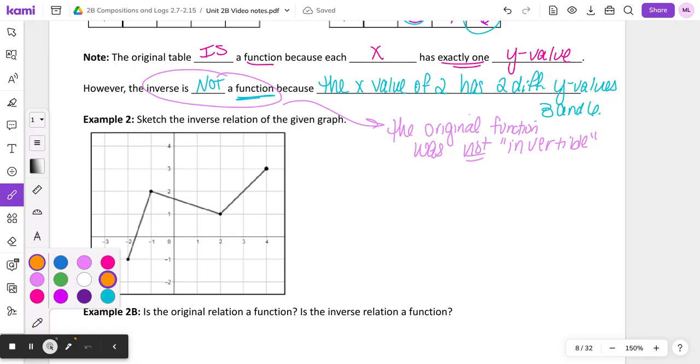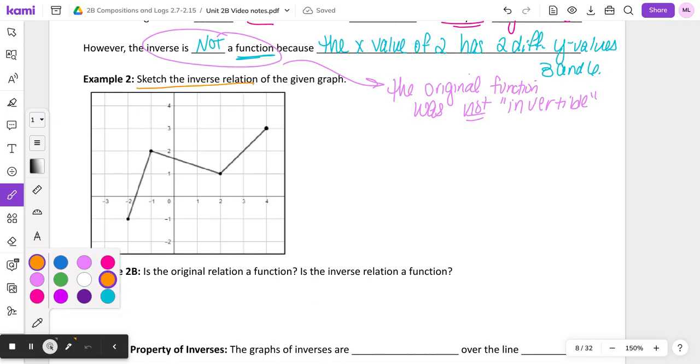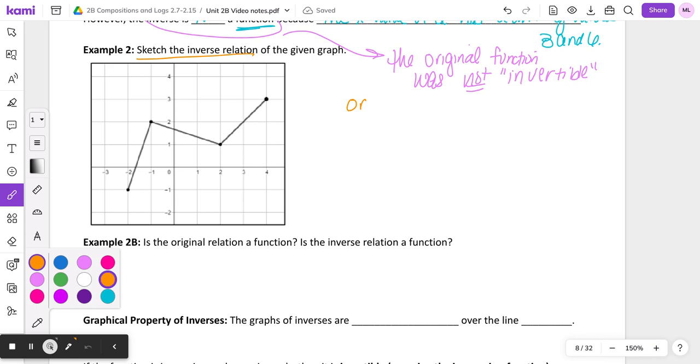All right, next example. We're sketching the inverse. If we're dealing with an inverse, we're going to switch x and y. So let's talk about the original. What points do we have on the original? First one, we've got (-2, -1). The next points are (-1, 2), (2, 1), and (4, 3).